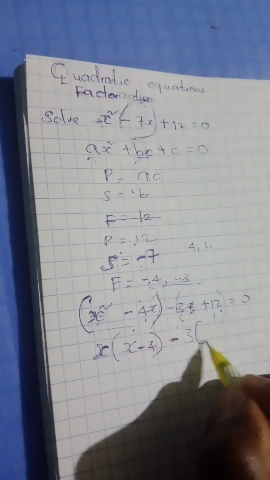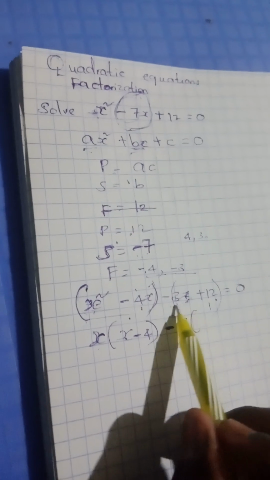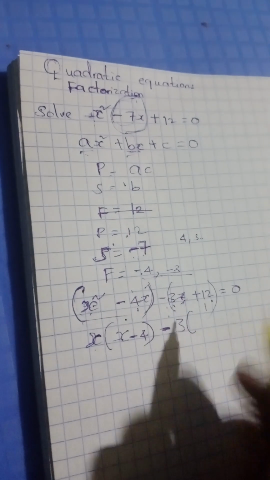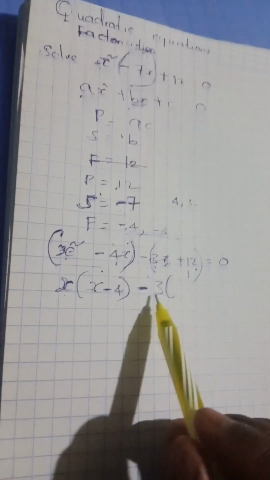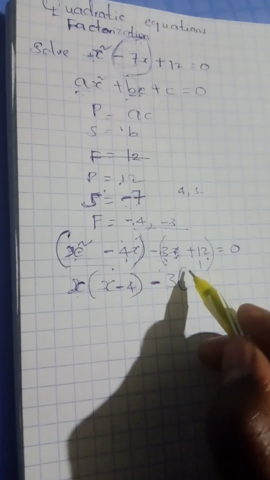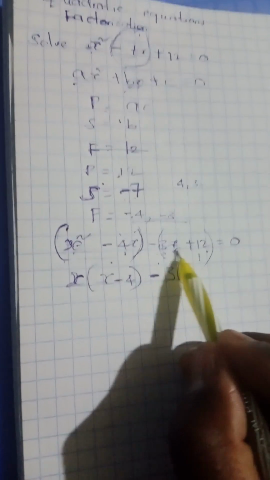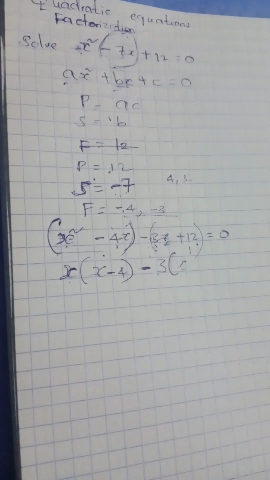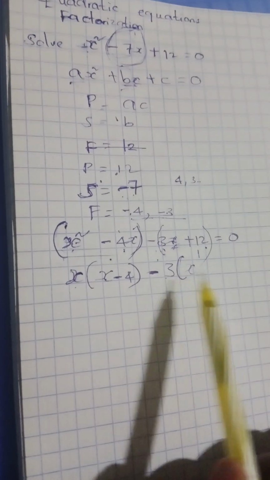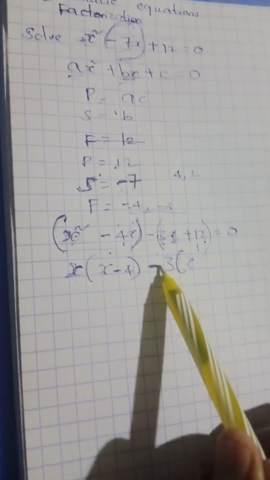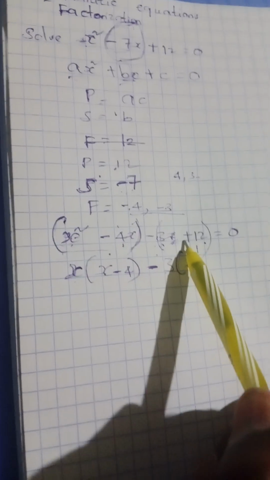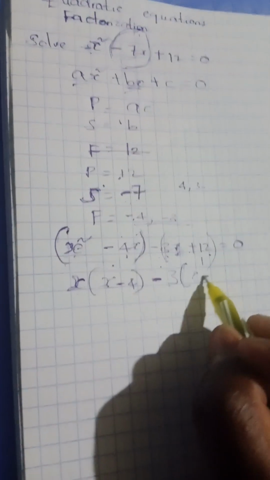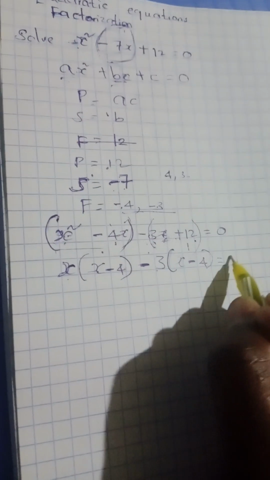Negative 3 into, because we have placed this 3 outside the bracket, the remaining here is x. Now, because we have opened with a negative and this was positive, when we multiply negative times positive, we get negative 4, equal to 0.